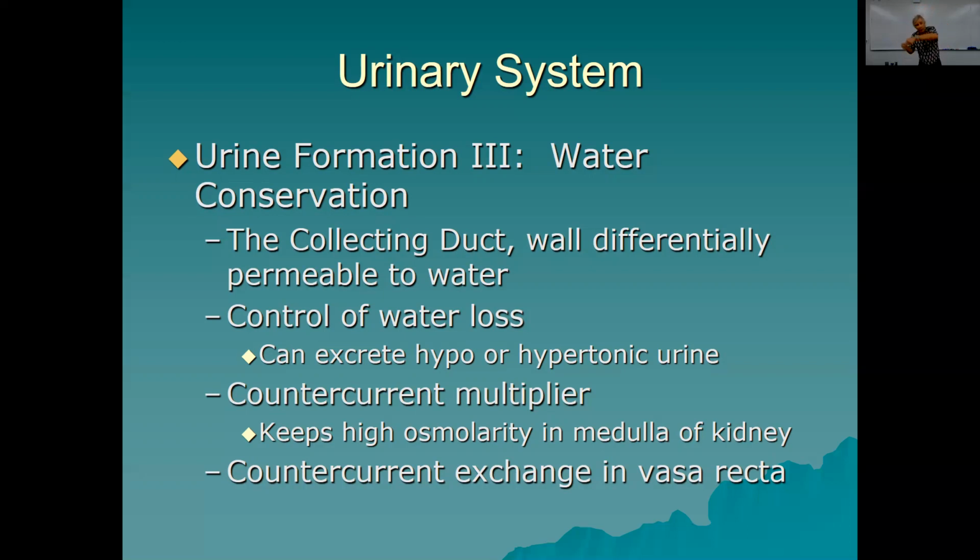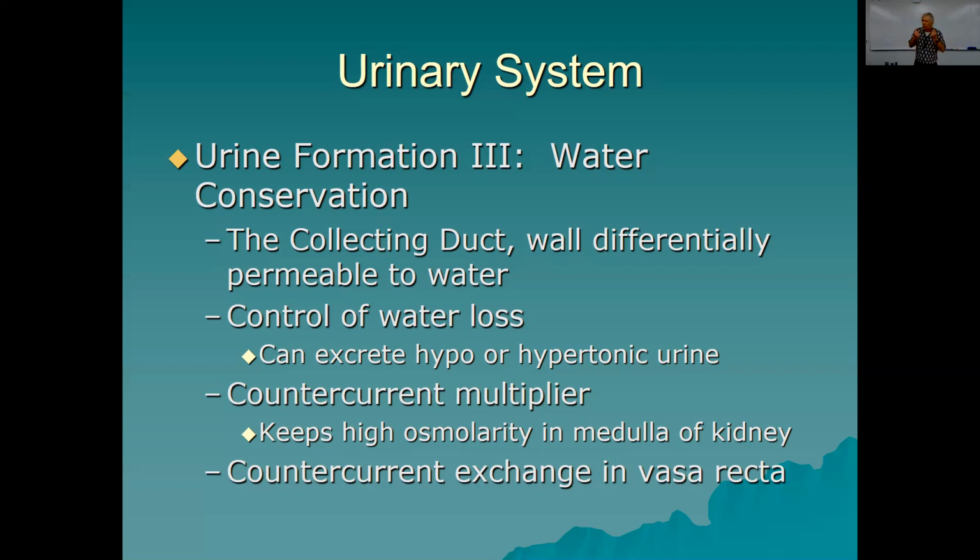So water will be sucked through there by osmosis as it goes through the collecting duct, depending upon how dehydrated you are. If you're just medium dehydrated, then maybe only a little bit of ADH is present, and you only bring back part of the water in the fluid, and you might excrete urine of 500 or 600 or 800 milliosmoles.